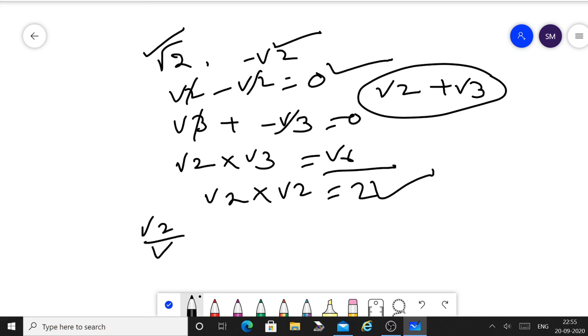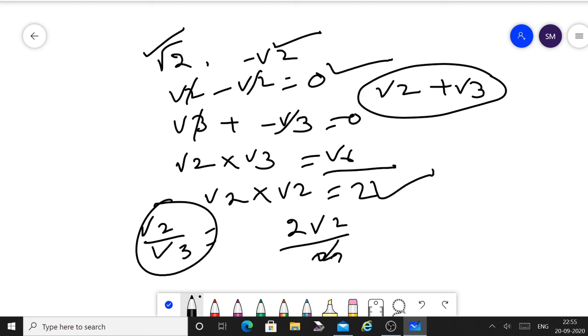Root 2 divided by root 3 is an irrational number, but root 2 divided by root 2, root 2 cancels, we get 2, a rational number. This means the sum, difference, product and quotient of two irrational numbers need not be an irrational number. Sometimes it may be rational, it may be irrational.